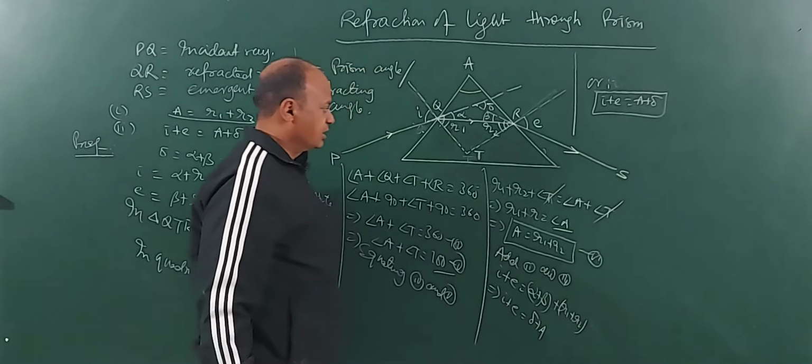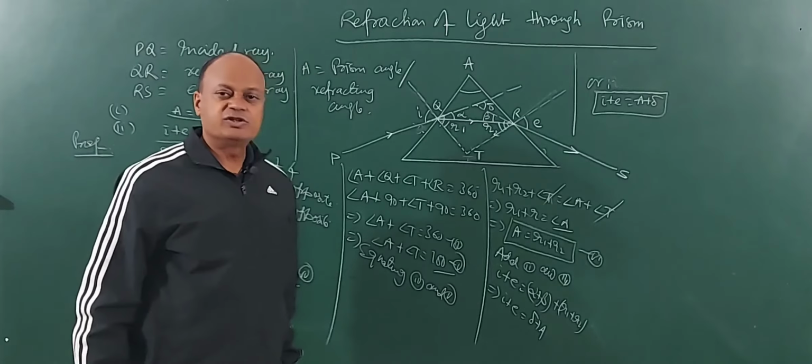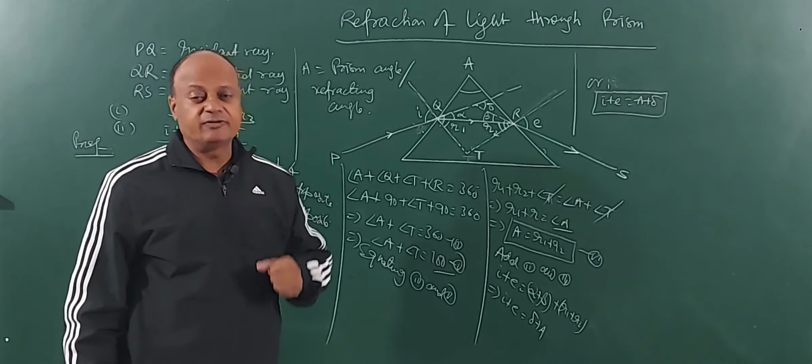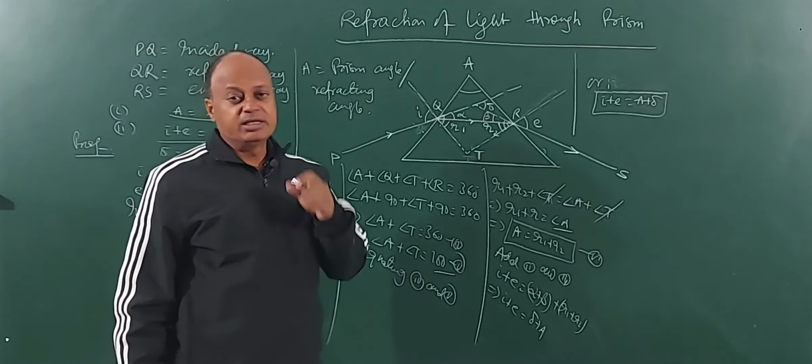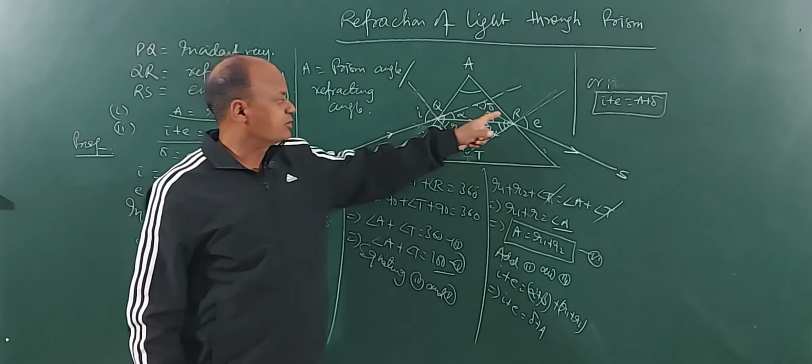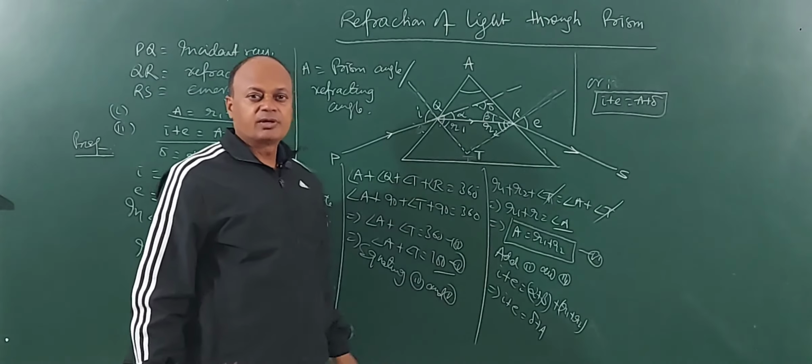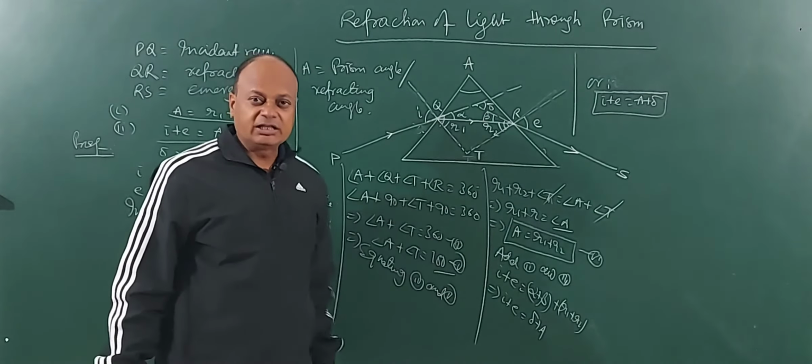Clear? Now, we will see what will be the condition for angular deviation to be minimum. Under what condition angular deviation will be minimum? Children, remember, angular deviation is minimum if R1 is equal to R2, angle of incidence is equal to angle of emergence, and therefore, the third condition follows that the light ray travelling through the prism is parallel to the base of the prism.